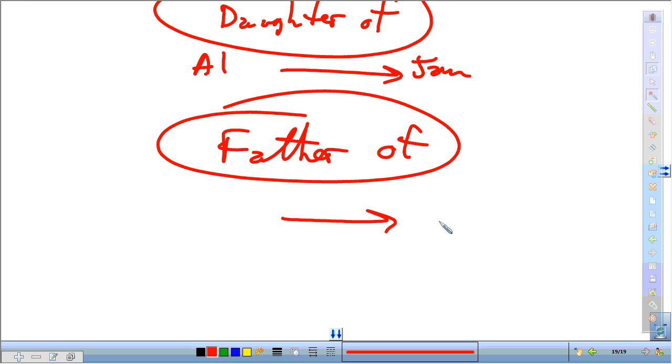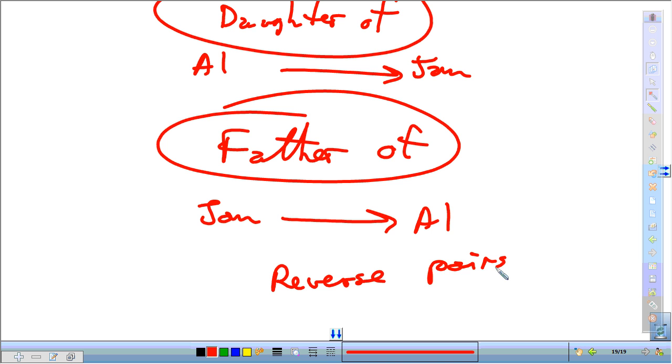In the other case, Al is the father of Jan. So we can look at those relationships in two ways, but the pairs are different. It's a little different pairing.